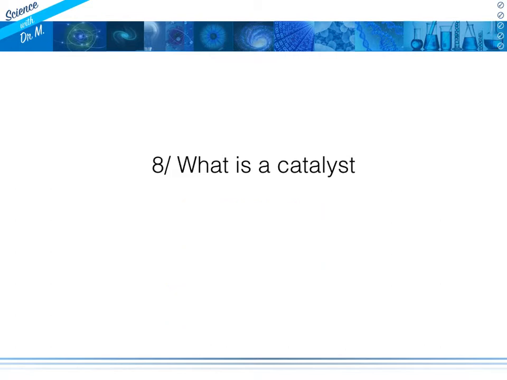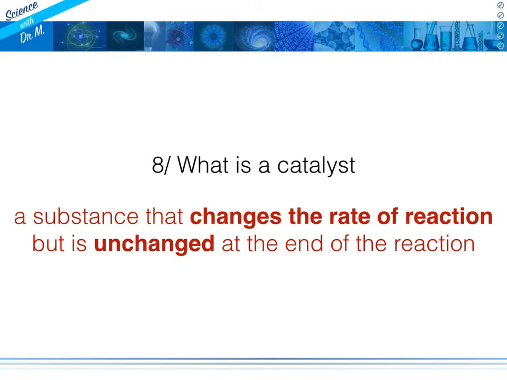What is a catalyst? Okay, we know it affects rate of reaction, but what is a catalyst? The answer is a substance that changes the rate of reaction but is unchanged at the end of the reaction. So it doesn't actually take part in the reaction completely. It affects the rate, but at the end of the reaction it's still there unchanged.